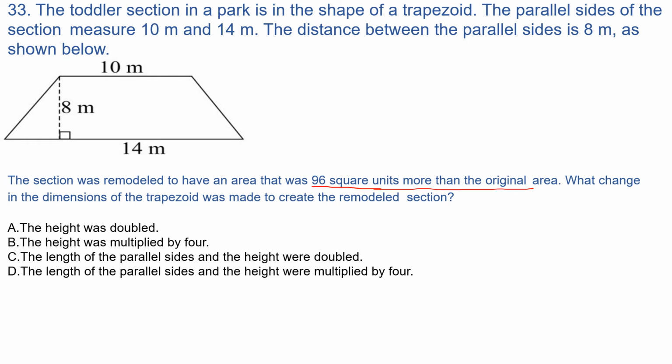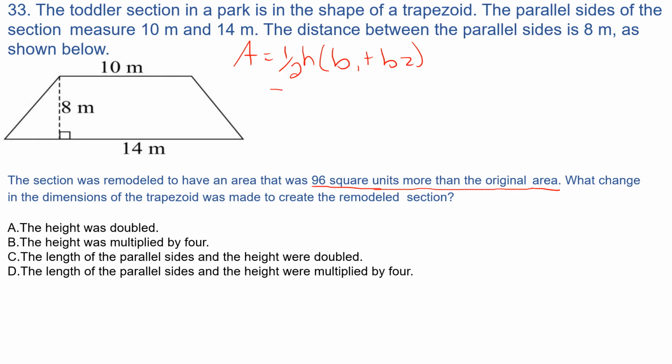So first, it says the section was remodeled to have an area that is 96 units more than the original. So let's go ahead and find the area of the original figure. Remember, the area of a trapezoid is 1/2 times height times base 1 plus base 2, or you may see it as 1/2 times base 1 plus base 2 times the height on the end.